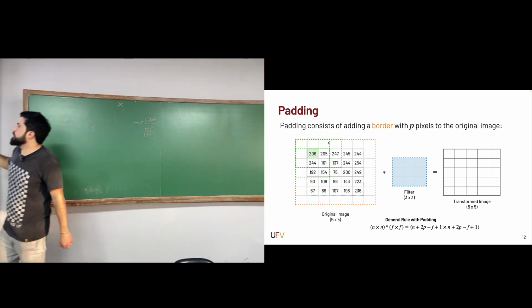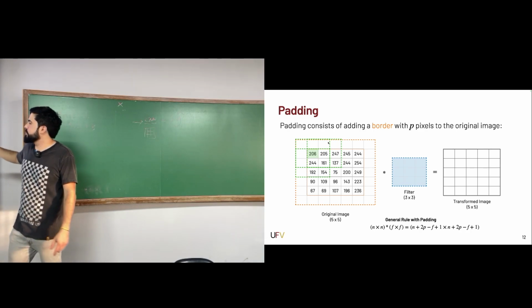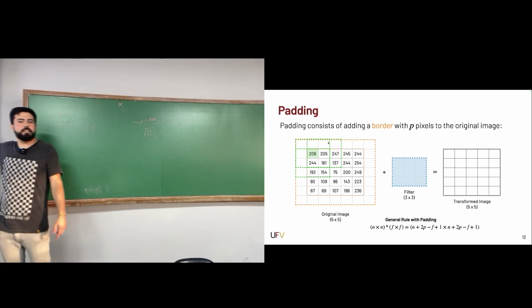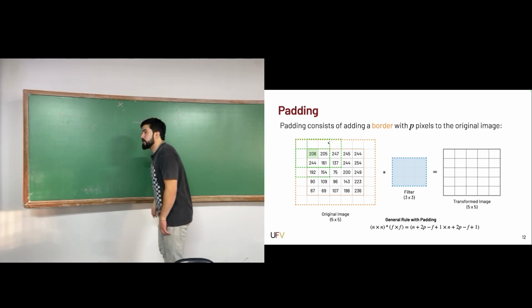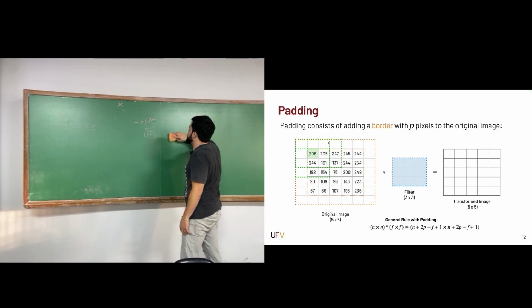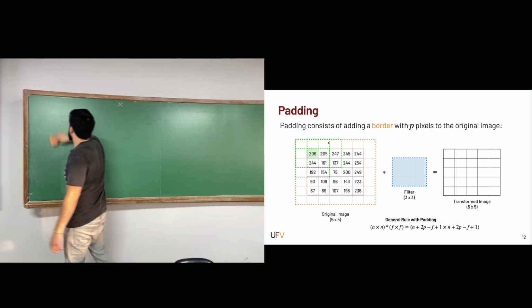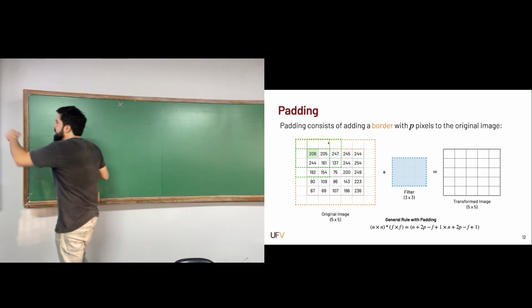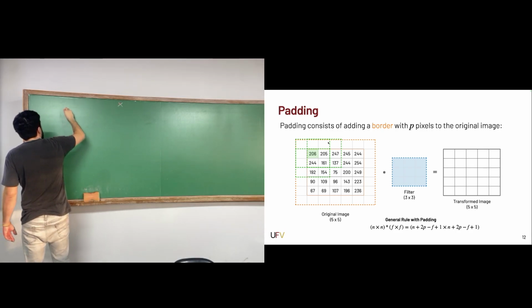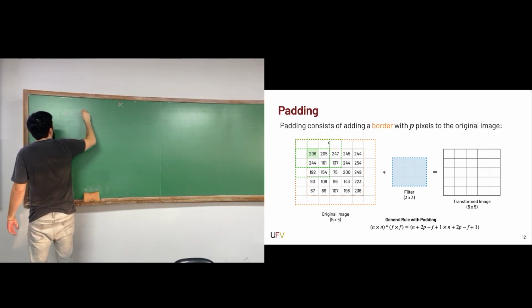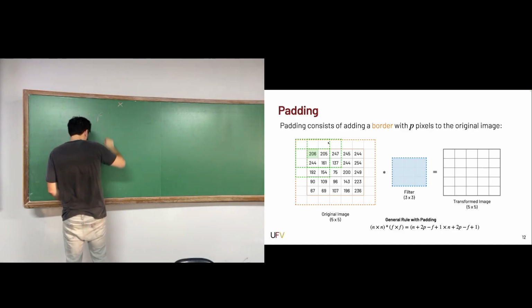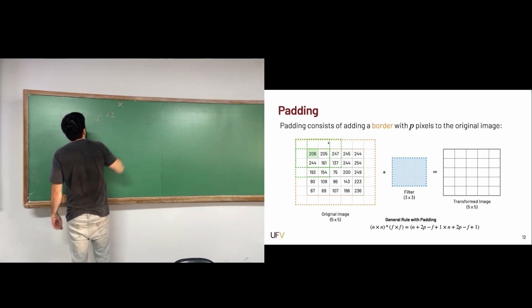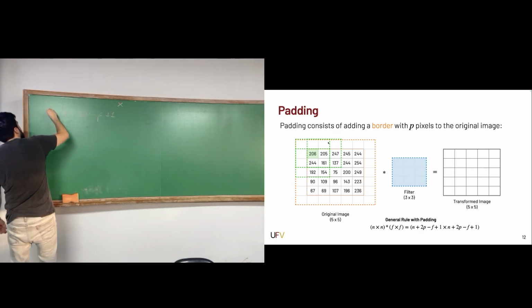Again, because now we can add padding to our images, our formula for computing the size of the output image changes a little bit. So now if I have an n by n image and an f by f filter, the resulting image will have n plus 2p minus f plus 1 height and also width.